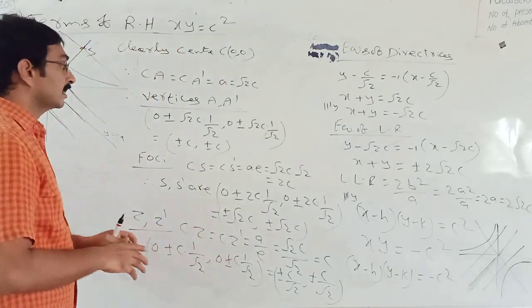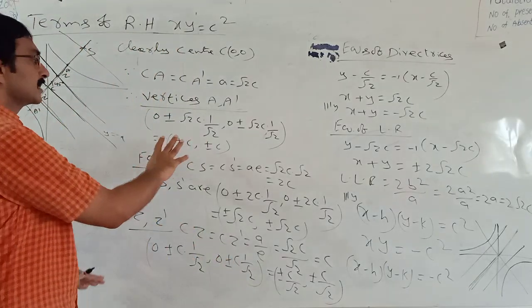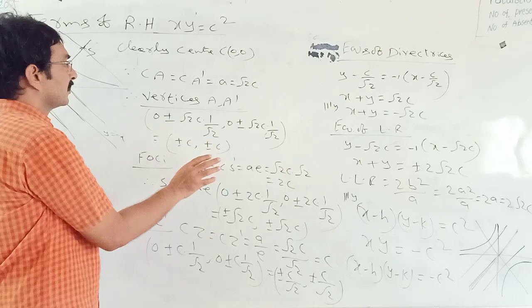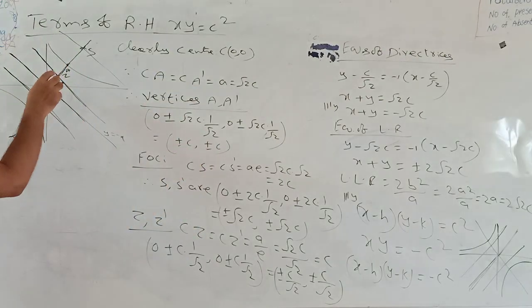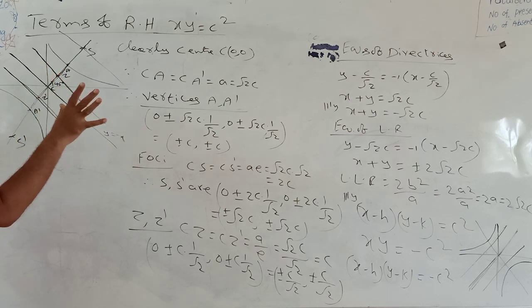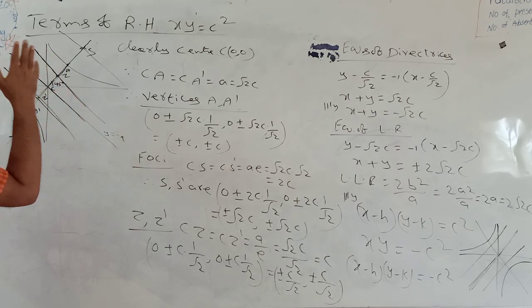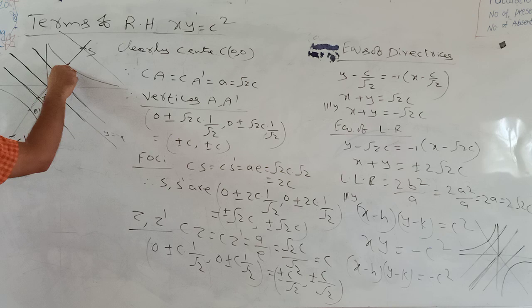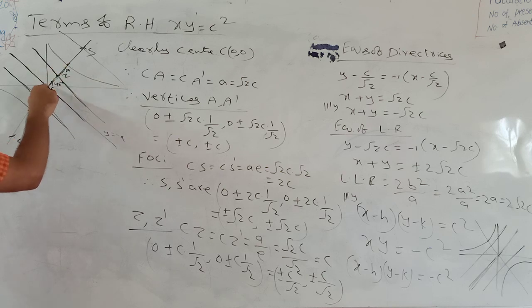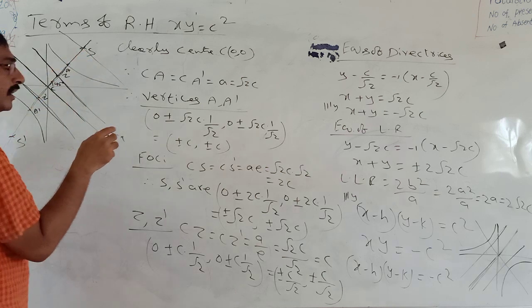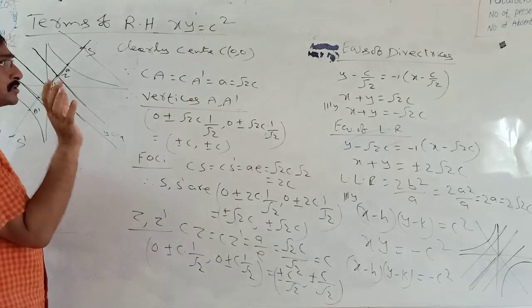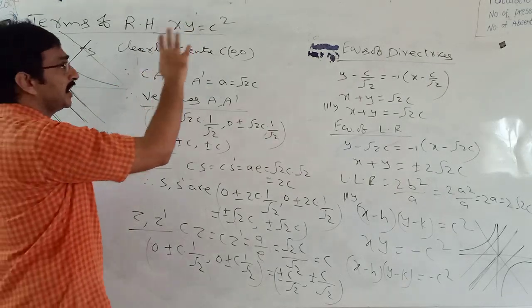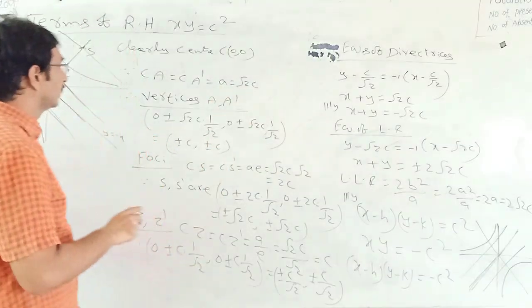So my suggestion: don't memorize these as formulae. Just practice how to find them by using these keys. Just memorize the keys that all of you know: CA has value a, CZ has value a/e, CS has value ae, and for this hyperbola the value of e is √2, and the relation between a and c is a = √2 c.